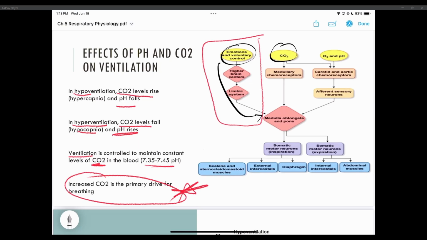How does CO2 by itself have an effect? CO2 is sensed by our medullary chemoreceptors and the carotid and aortic chemoreceptors. So this one is central. These are your peripheral. CO2 is sensed in 3 different areas.